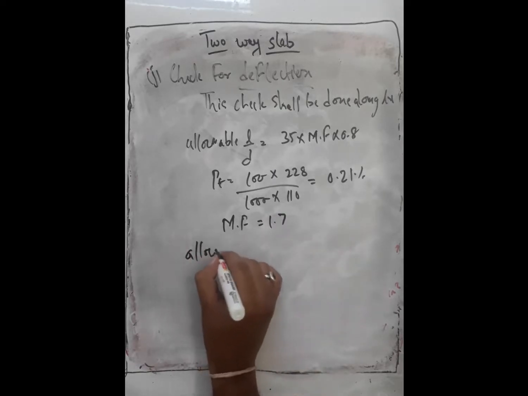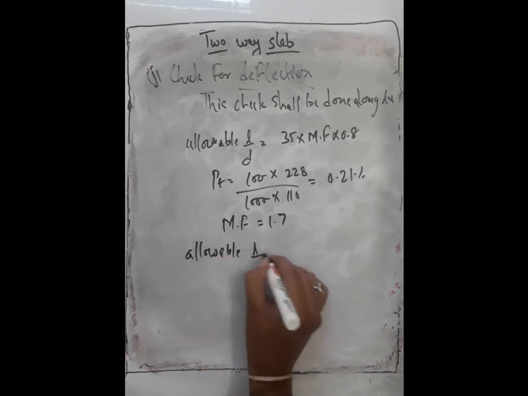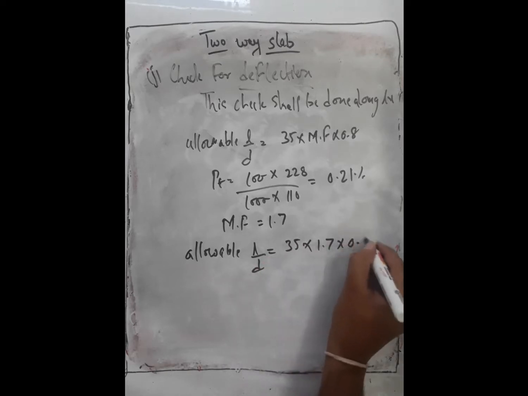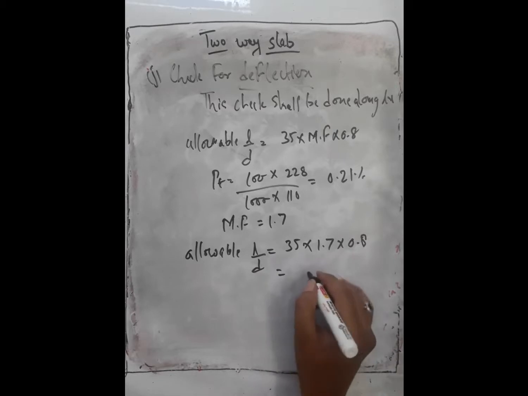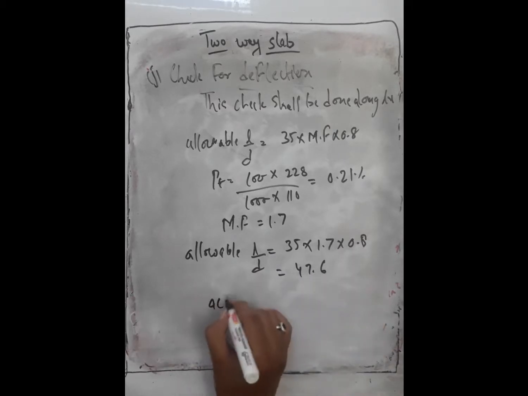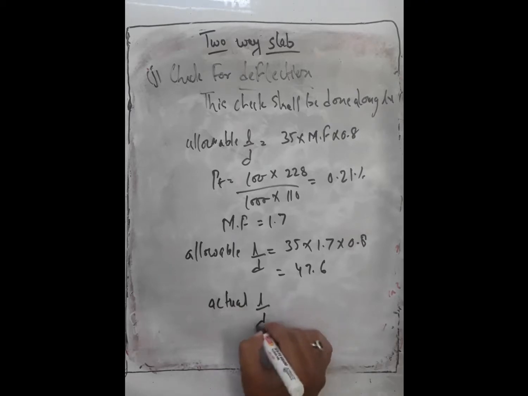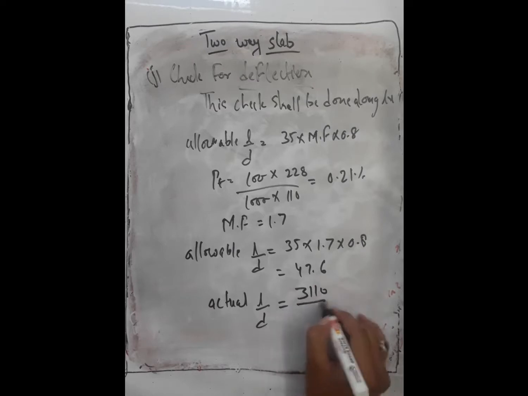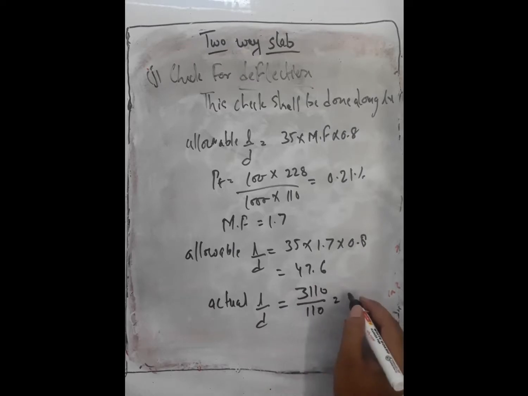So allowable L by D is equal to 35 into 1.7 into 0.8, you get 47.6, and actual L by D is, L is 3110 divided by 110, here you get 28.27.